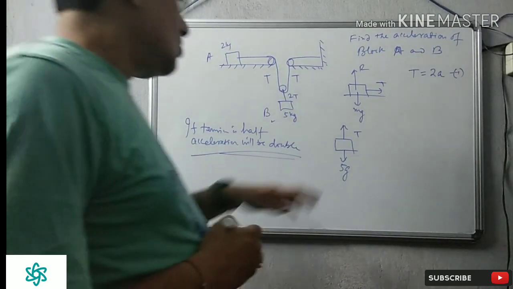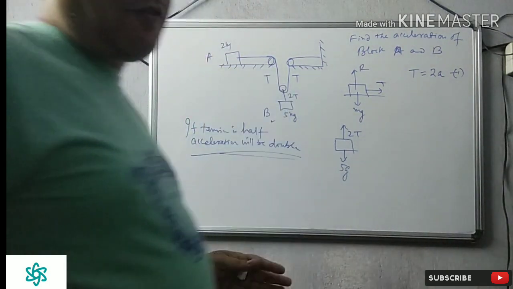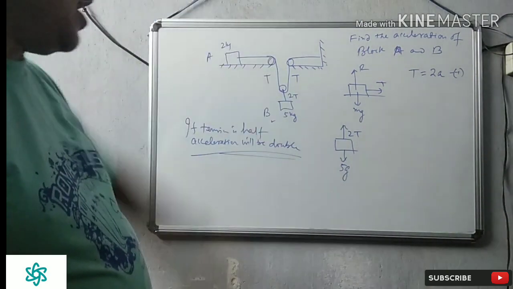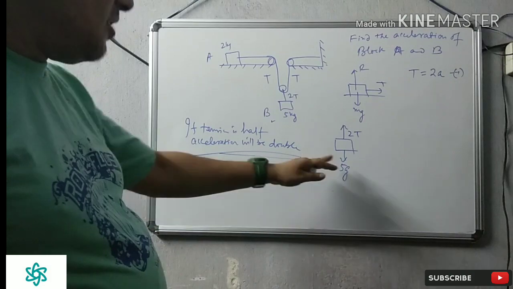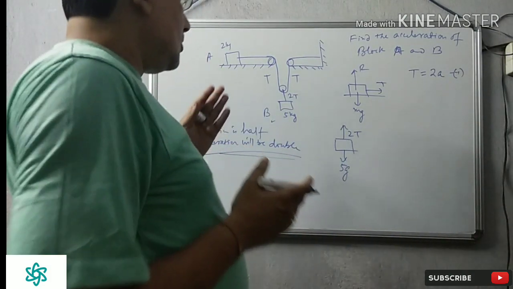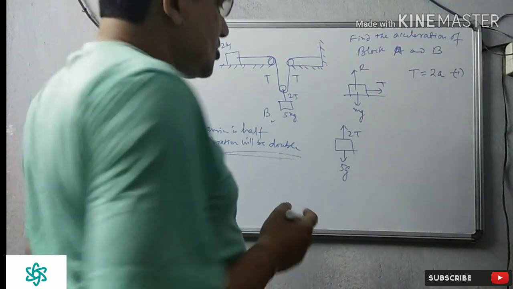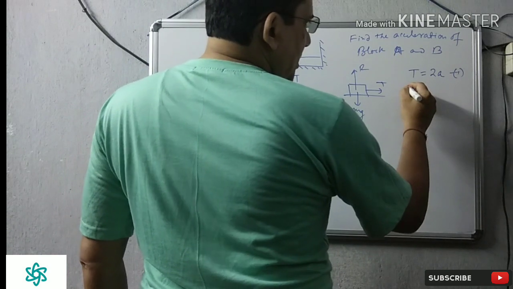So 2T is the tensile force which acts in the upward direction, and 5g is the downward force. Now the net force will act towards the downward direction. That means 5g is greater than 2T.